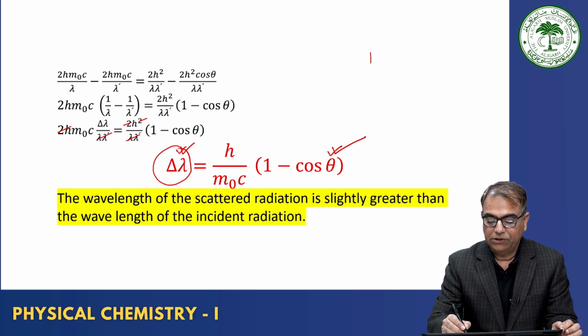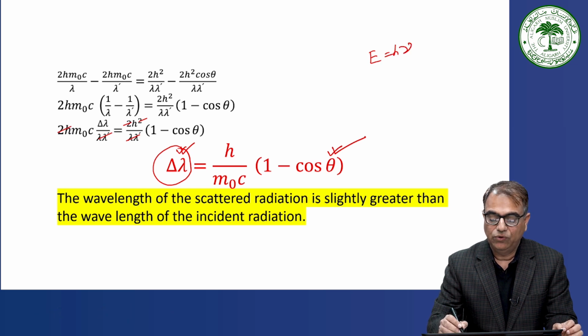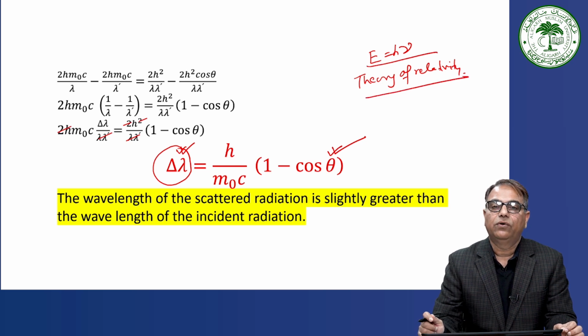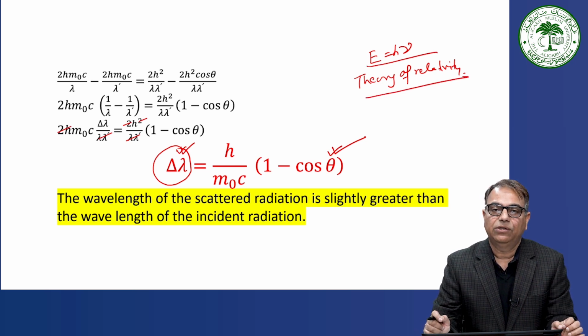We have used E equal to hν in order to explain this, and we have used the theory of relativity. Using these two, Compton gave an explanation for the change in the wavelength of incident radiation and scattered radiation.